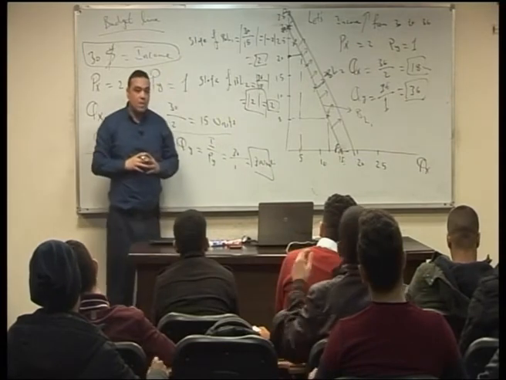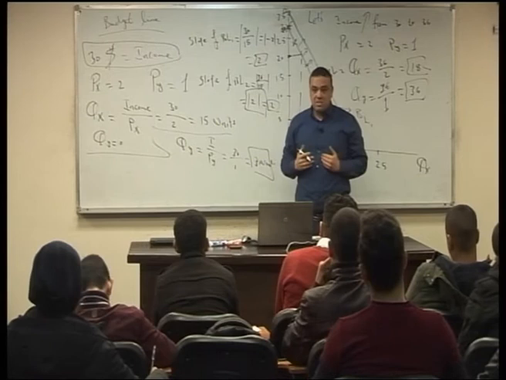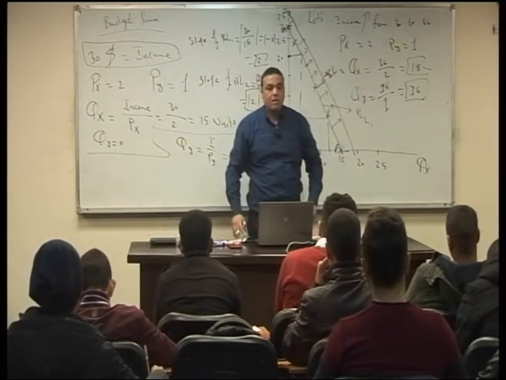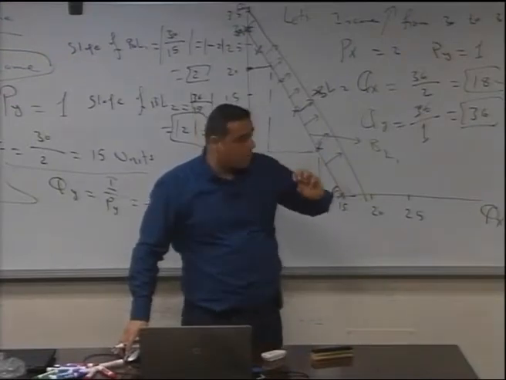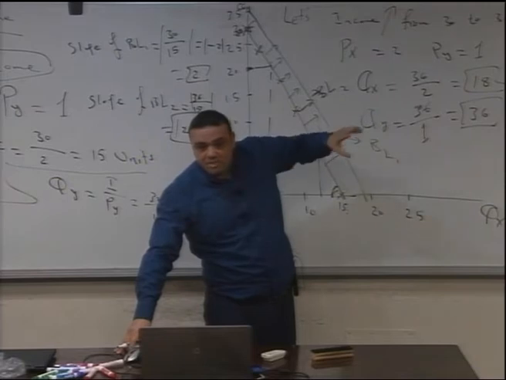So, increasing income means that the consumer can buy more units of X and Y, assuming the price of X and the price of Y remain constant.